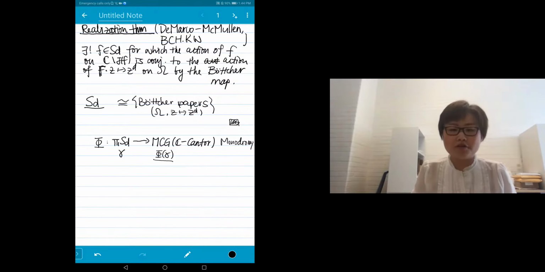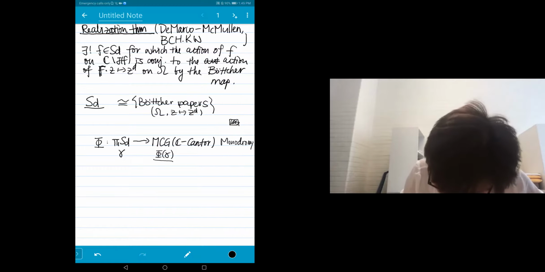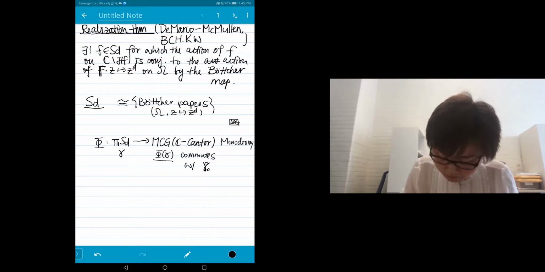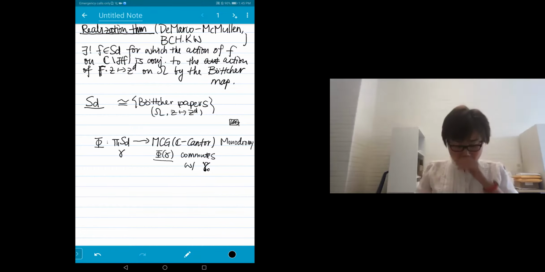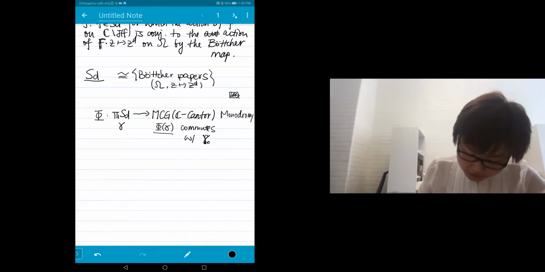And in particular, this mapping class commutes with the dynamics at gamma 0, the base point. Okay, so there are a bunch of things we want to understand for this map.